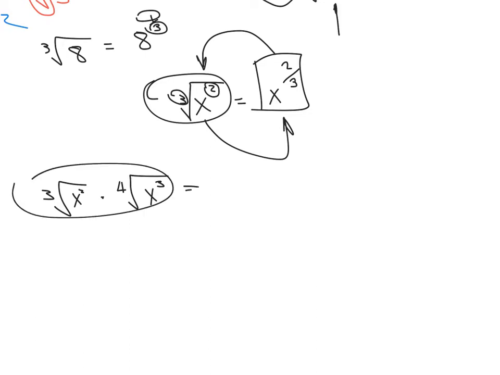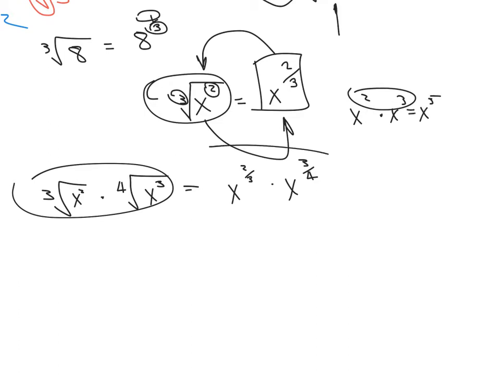But if I changed it to exponential form, I can do that. Because when you are multiplying things with exponents, like x squared times x cubed, you add the exponents, x to the 5th.